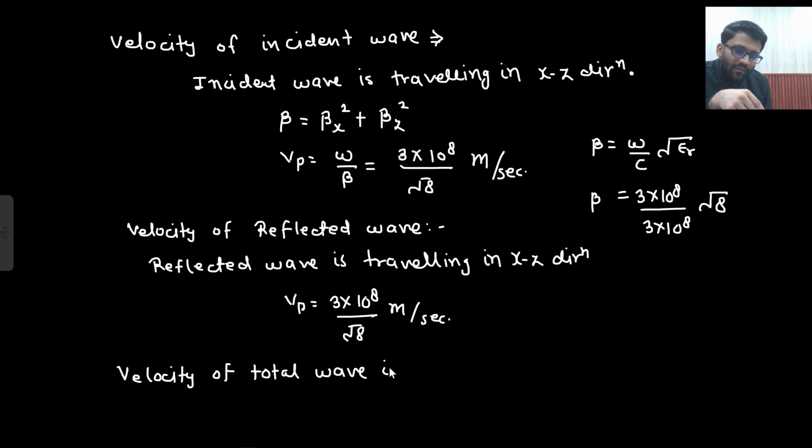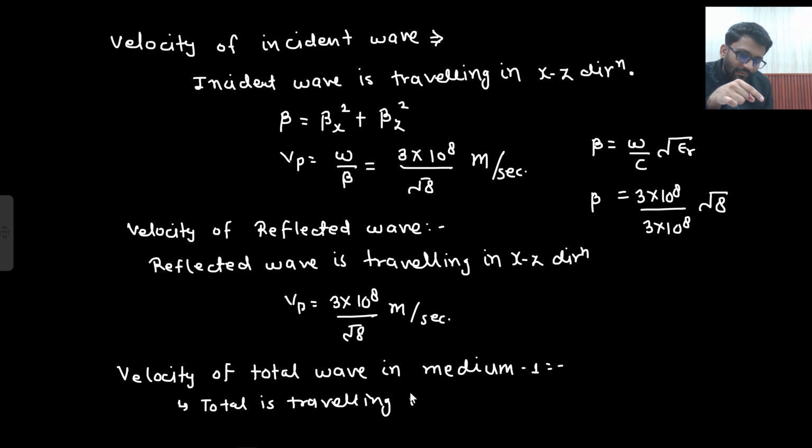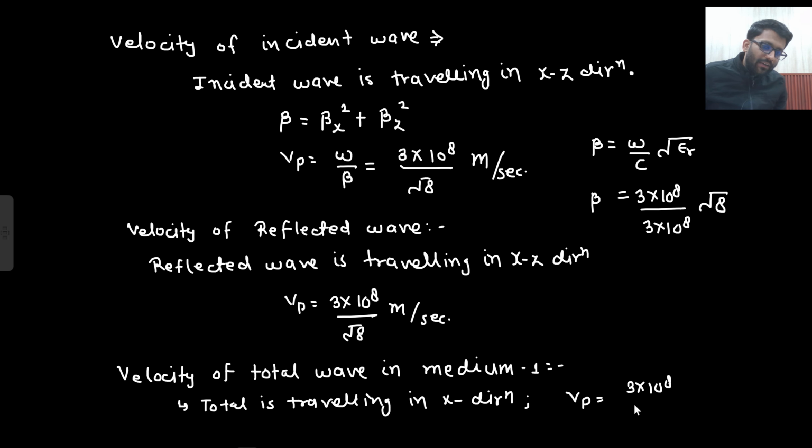Velocity of the total wave in medium 1. Your answer will be that the total wave is traveling only in the x direction. So what will be your Vp here? That would be omega, that is 3 into 10 to the power 8, divided by beta.